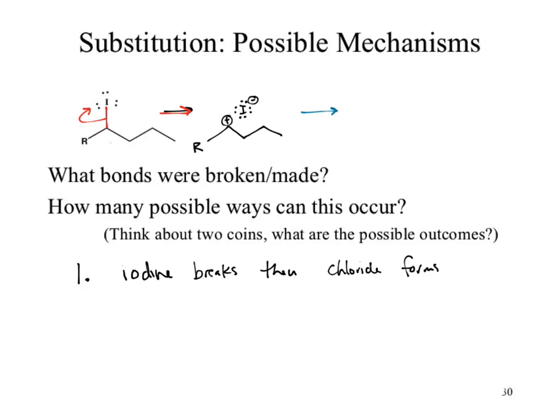Literally, I think it says right after, iodine breaks, then chloride forms. Why would chloride share its electrons with the carbon as shown? One is negative and one is positive.